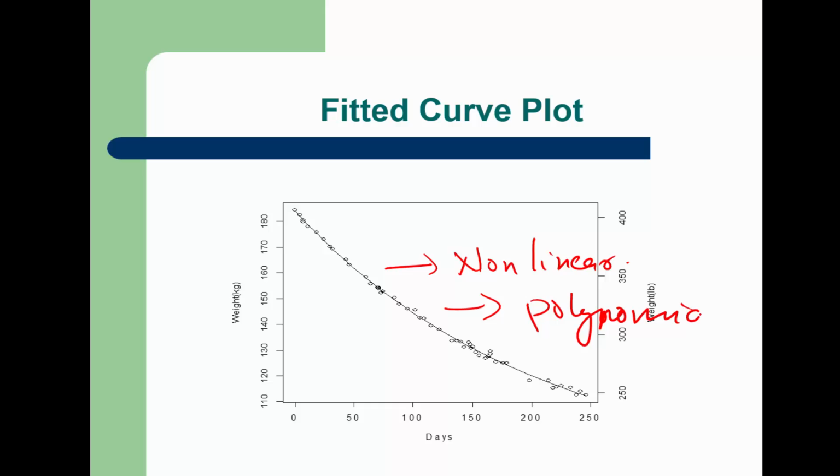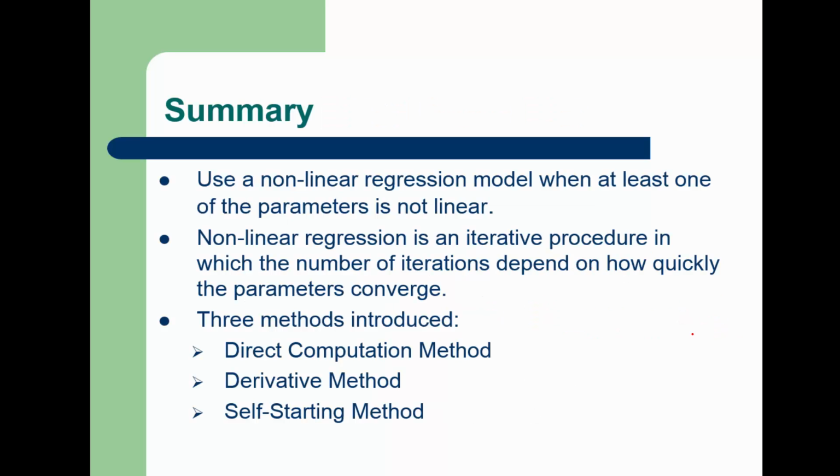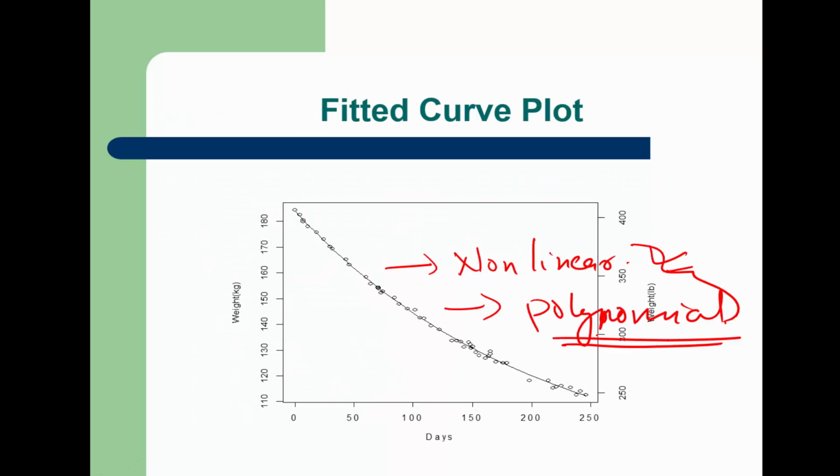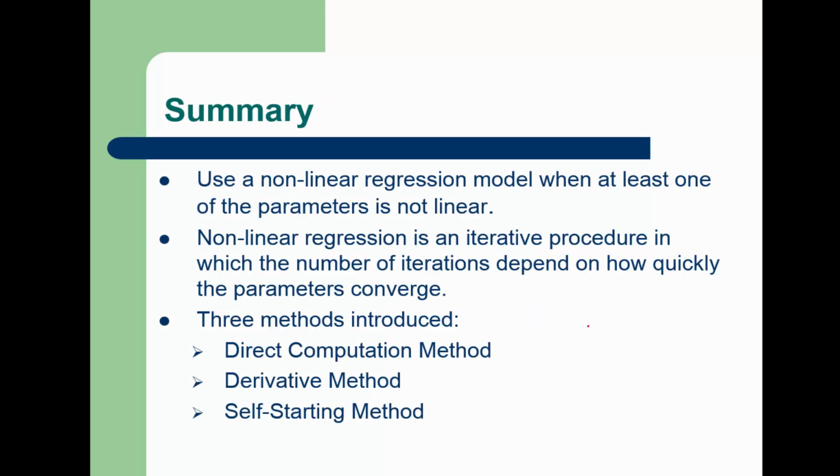Polynomial regressions are not necessarily nonlinear regressions. If the parameters are linear and it's just the variables which are of nonlinear forms, which can also fit a distribution like this, it is not nonlinear. It is rather said to be a polynomial one. So it's important to understand the difference between nonlinear and polynomial regressions.